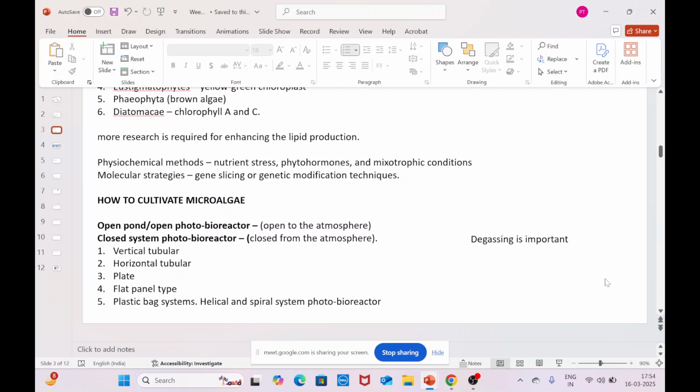Speaking of biomass yield, yes, the closed bioreactor system has a higher one. From all perspectives, you can tell that the closed bioreactor system is more advantageous compared to the open bioreactor system. However, performance needs to be improved in both cases.